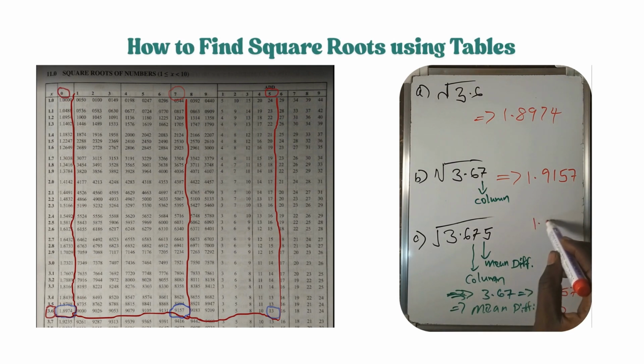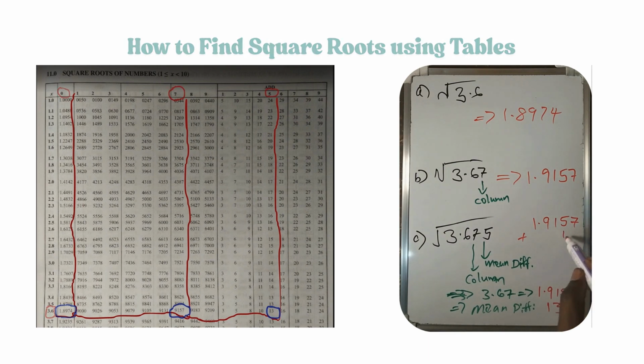We add 1.9157 plus the mean difference, which is 13, placing the mean difference on the last digits of our value. So 7 plus 3 is 10. This is 0, and we carry the 1. 5 plus 1 is 6, and we have 9, and then 1.